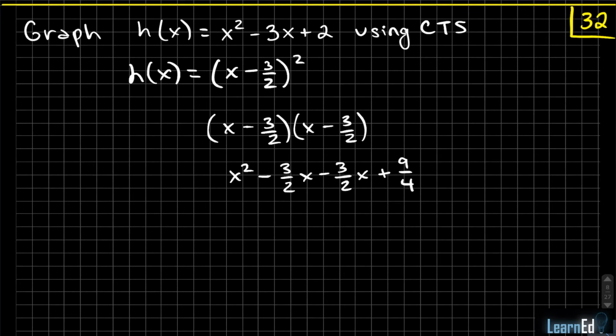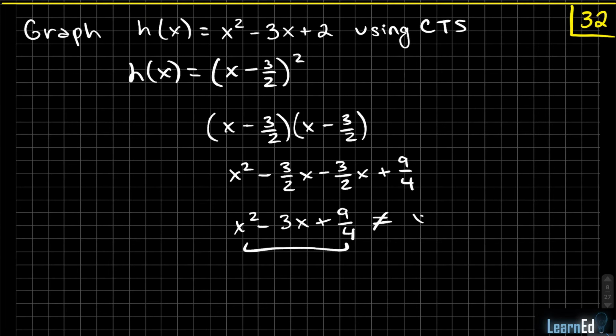Okay? And so this ends up being x squared minus 3x plus 9/4. This is not equal to x squared minus 3x. Why? Because you have this plus 9/4 here, and that's an artifact of simplifying it like this.